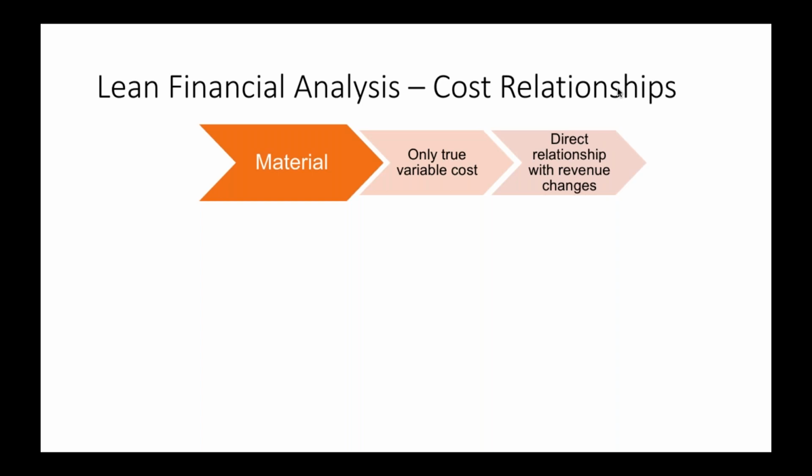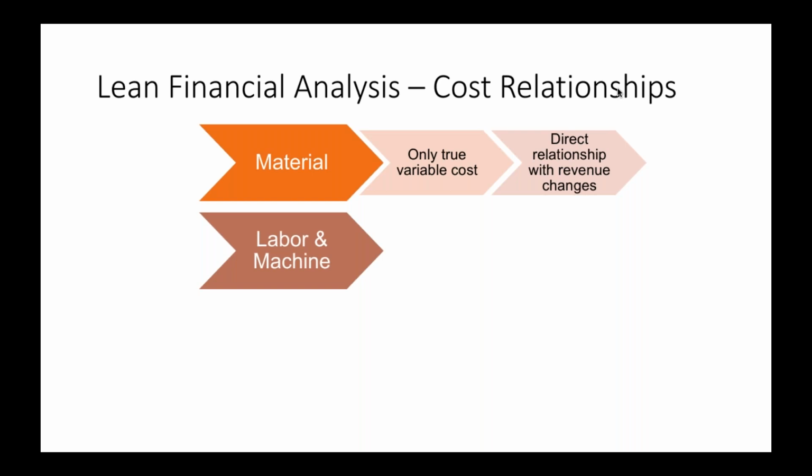Direct labor is considered a variable cost in a standard costing system. Sometimes even in standard costing systems, you have some level of variable overhead. Those are not true variable costs, meaning they don't vary with sales.